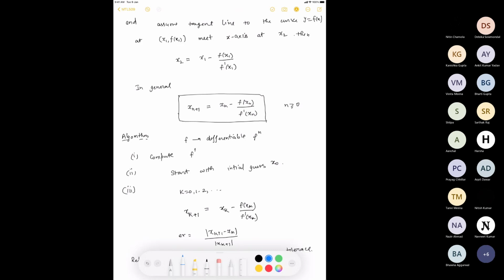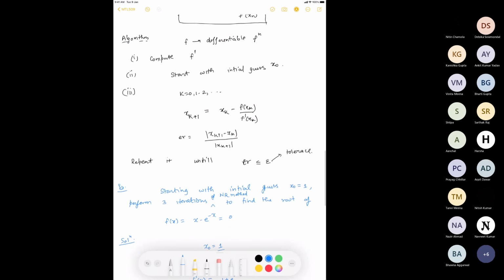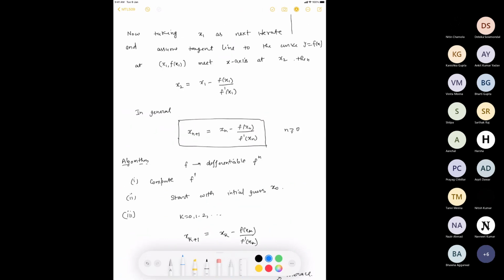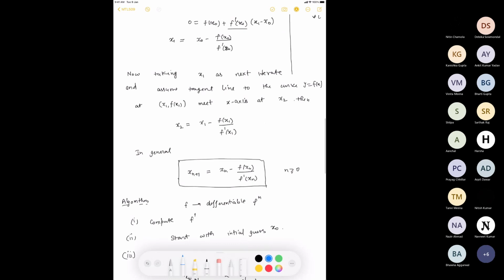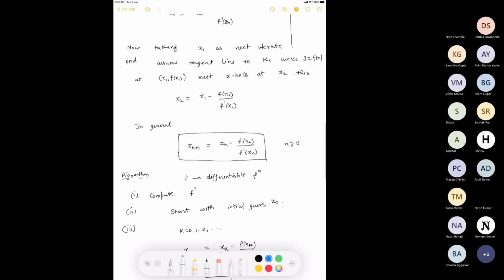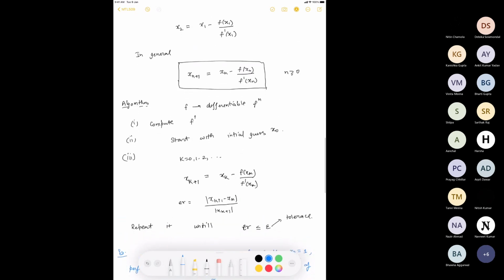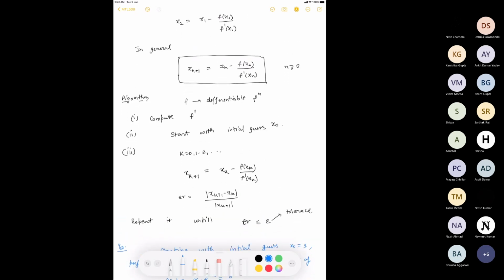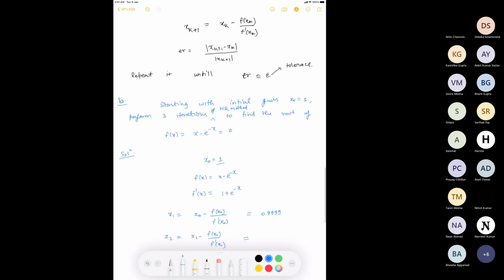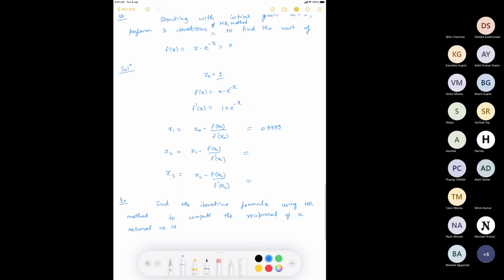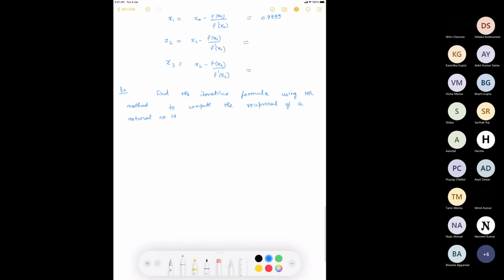But to make sense of this method, you don't need anything other than the differentiability of the function f and the condition that f prime should not vanish at any of these iterates. Okay, so these are the only things you require to make sense of this algorithm. Now what I will require for the convergence of this algorithm, I will state further in the next theorem as I discuss the error analysis part.